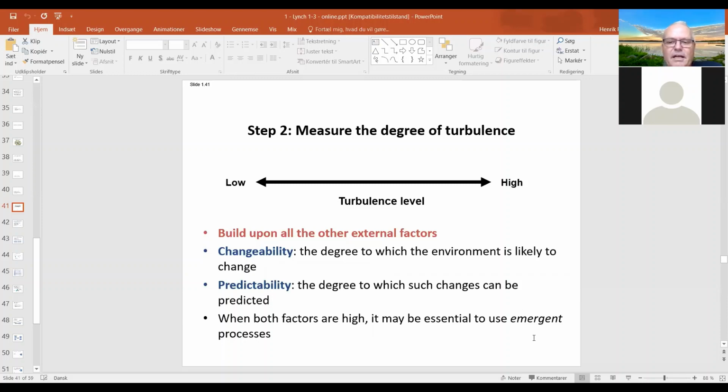And if we think back, emergent processes was when we might actually develop and implement strategies as we go along with the analysis. So we are not waiting, because we simply cannot wait if the turbulence level is high. So remember, turbulence level depends on everything else.